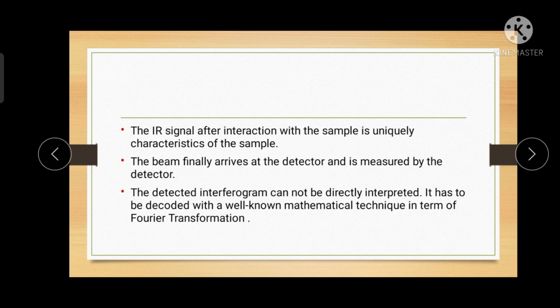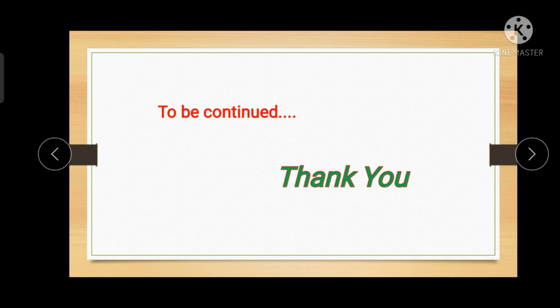So in this way we get the proper spectra for the whole range of frequency with the help of FTIR spectroscopy. It is the modified form of IR spectroscopy, or the advanced technique for IR spectroscopy. So in this way we have covered all things about the FTIR spectrometer or FTIR spectroscopy.